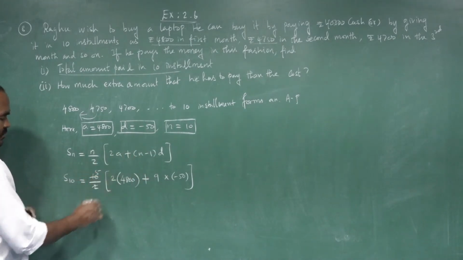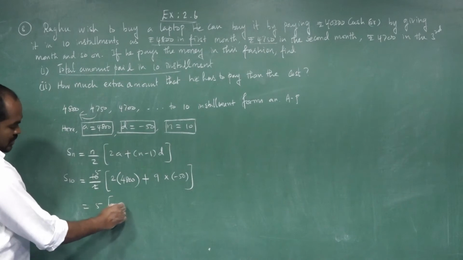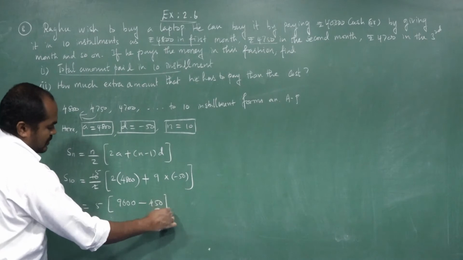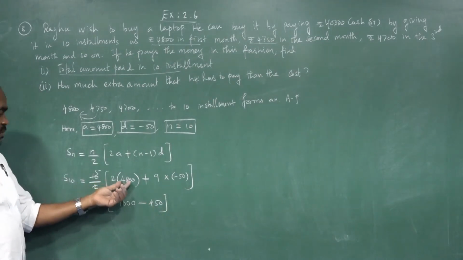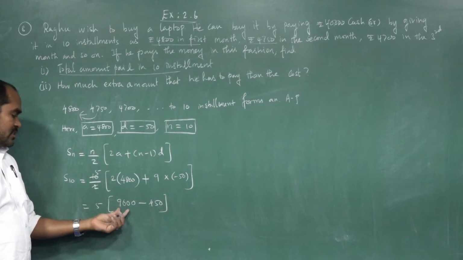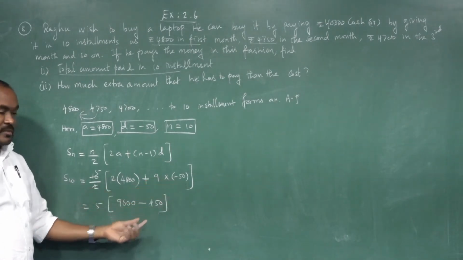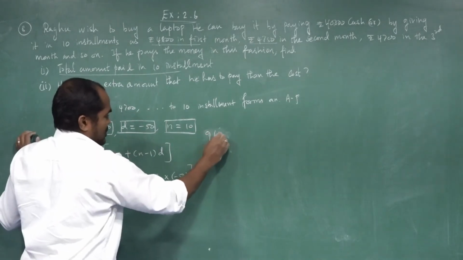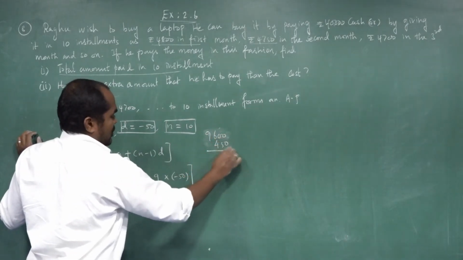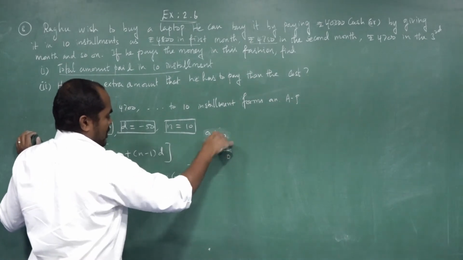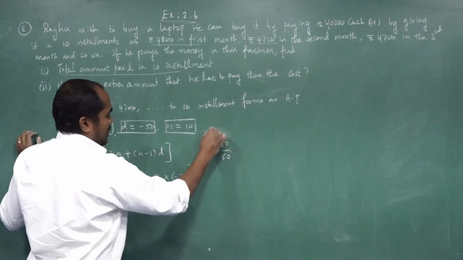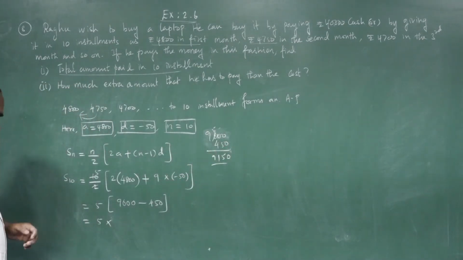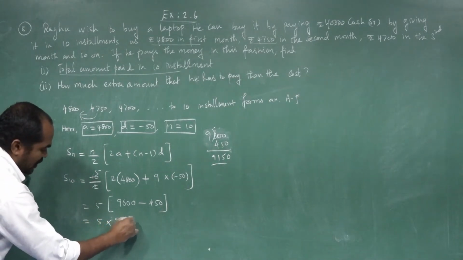So 10 by 2 is 5. So 5 of 9,600 minus 450, right? 2 times 4,800 is 9,600, 9 into 50 is 450. So 5 into 9,600 less 450. We get 9,150.